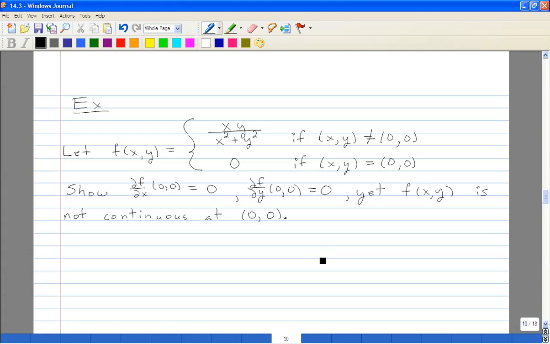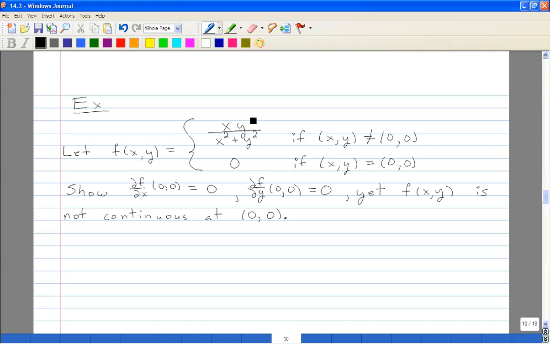Now, since this function is defined piecewise, and since we're taking the partial derivative at the origin, where it's defined differently, I must use the limit definition.